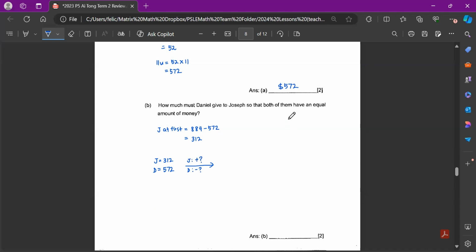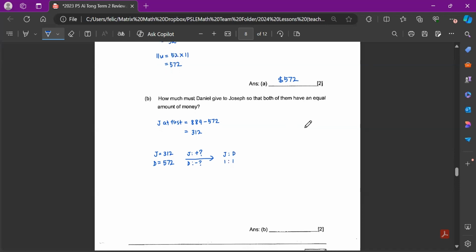Okay, and they say so that both of them are equal. Equal, you can use a ratio to illustrate J to D. Equal means 1-to-1 ratio. Okay, that's the simplest ratio. So during this transfer, we should observe that the total did not change because the transfer, D gives to J, is just internally within both of them. So the total stays the same throughout.